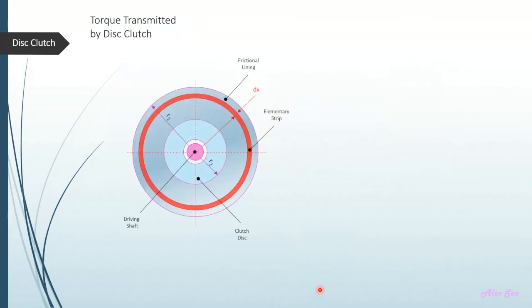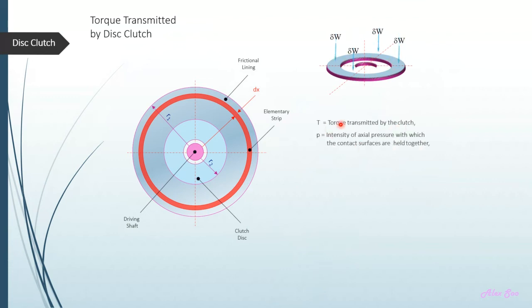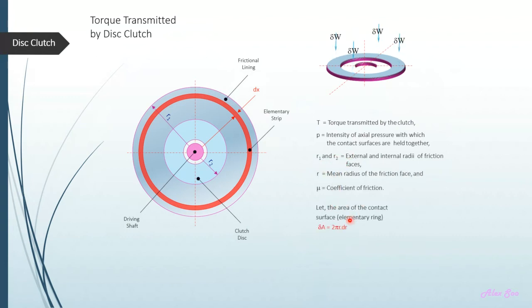Now, the torque transmitted by this clutch. These are the spring forces acting on the frictional lining. All these we have defined. This is the area of the entry ring. If you want to learn about proving formulas, or the derivation of the formula, you have to learn from this.